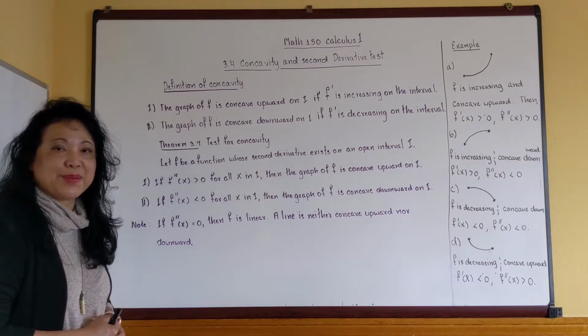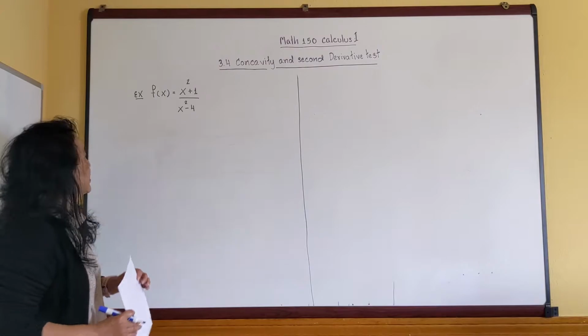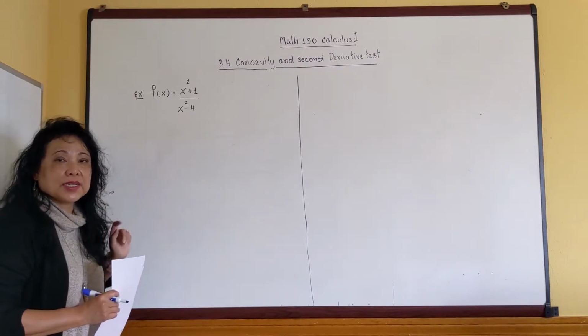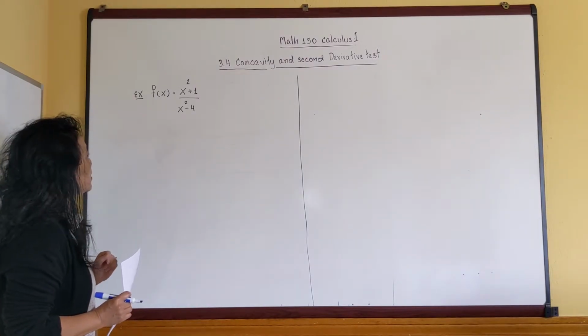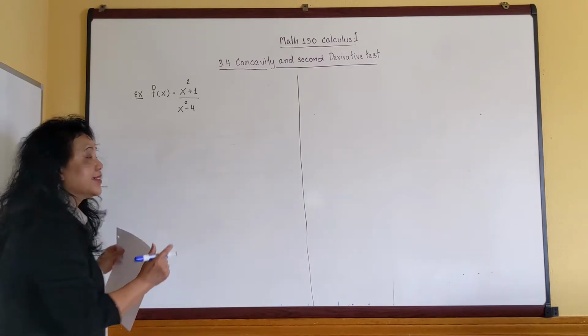Alright, let's look at this example. First, I'm going to take the derivative of this function by using the quotient rule.